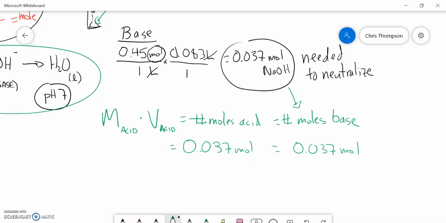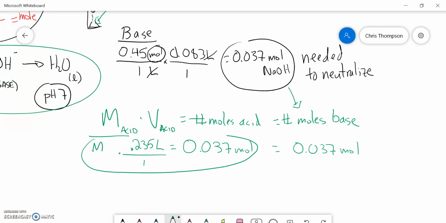So if I want to figure out its molarity, I've got to figure out that it has 0.235 liters. That's just converting 235 milliliters into liters. And I want to know its molarity. So I'm left with this equation right here. Concentration times the volume in liters equals the number of moles. I know 2 of them, and I can solve for the other.